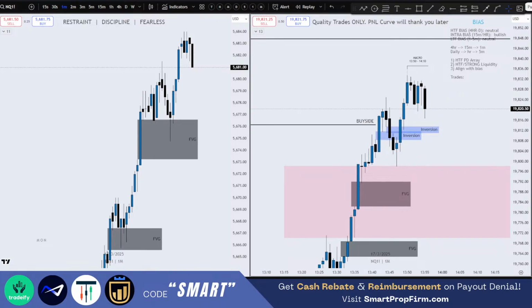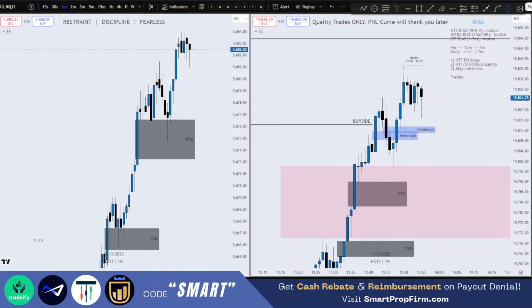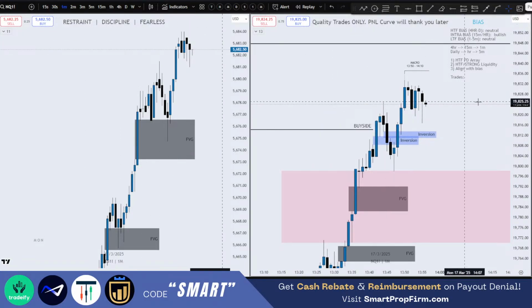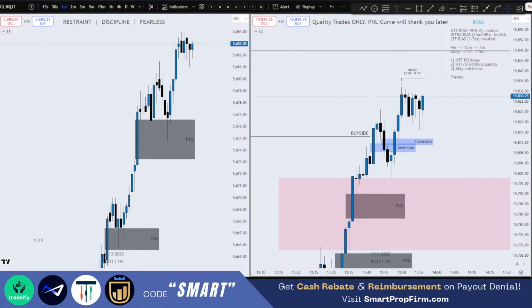Let's get a deep drive here. Full port shorts now? This is just not short territory yet.